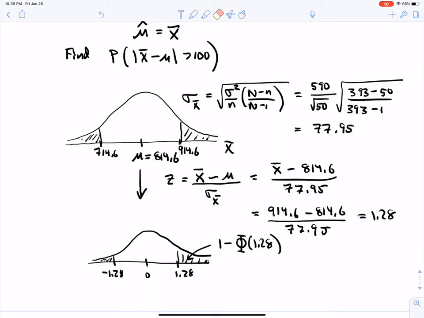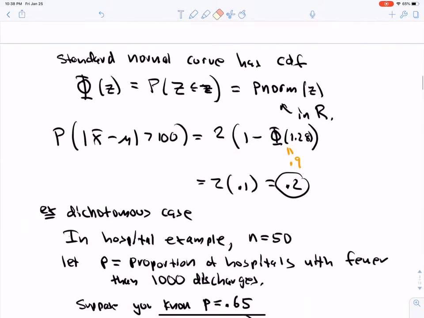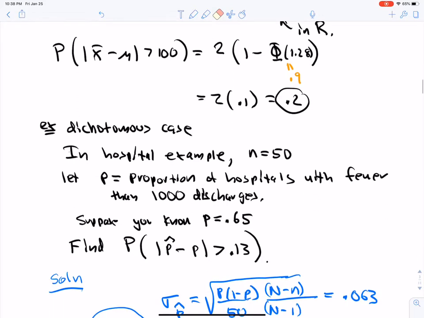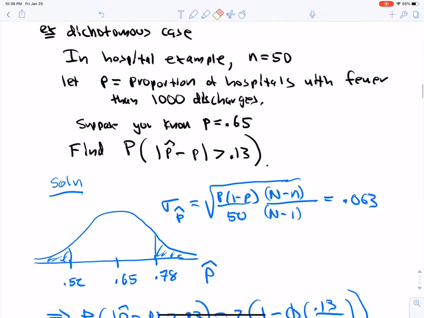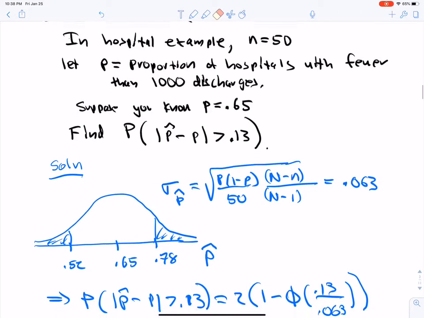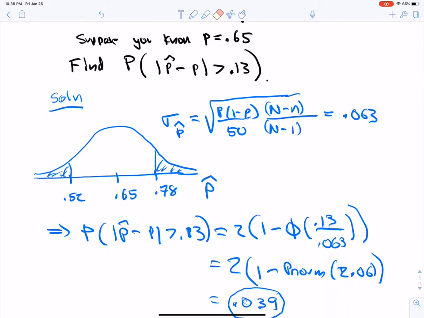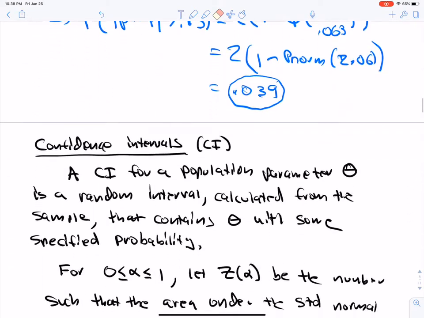The value 914.6 converts to 1.28, and so we just need 1 minus capital Phi of 1.28, which you can find using the pnorm command in R. Then I asked you to do basically the same calculation for the dichotomous case, and there's absolutely nothing different here, so I won't say anything more about that.